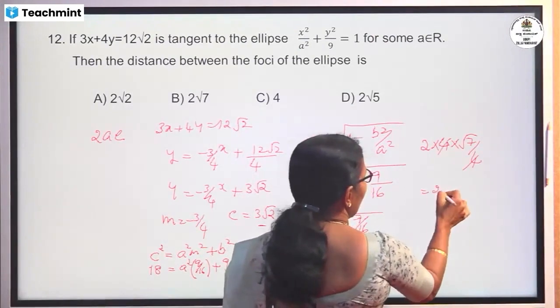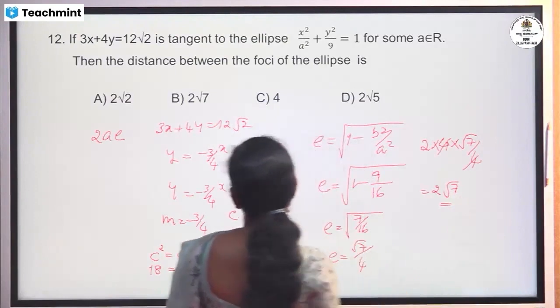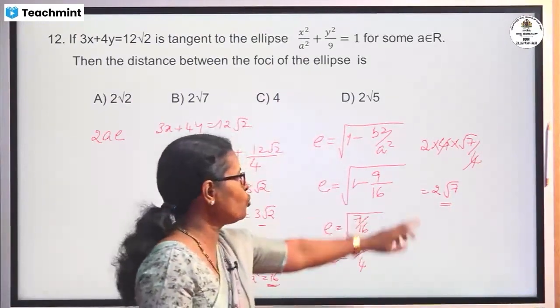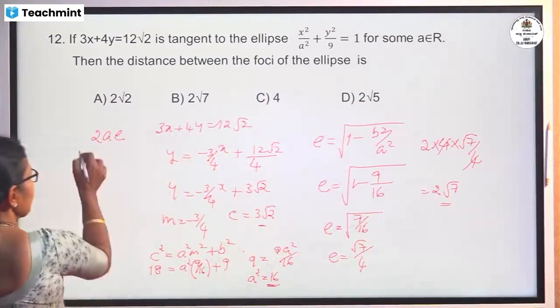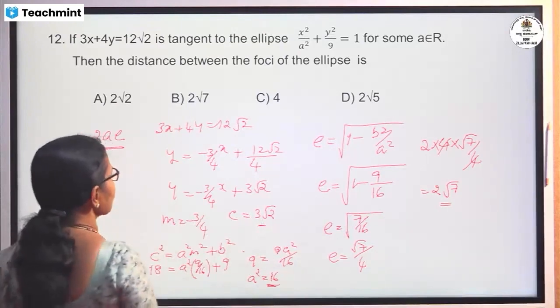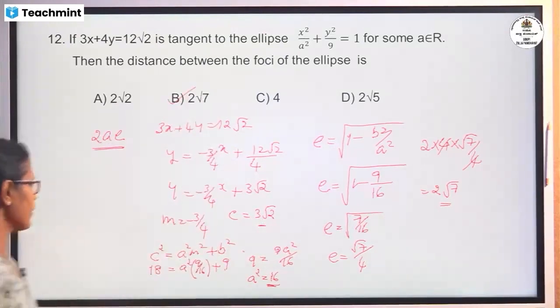This is the distance between the foci, not the length of the latus rectum. The distance between the foci is 2 root 7. So B is the correct option.